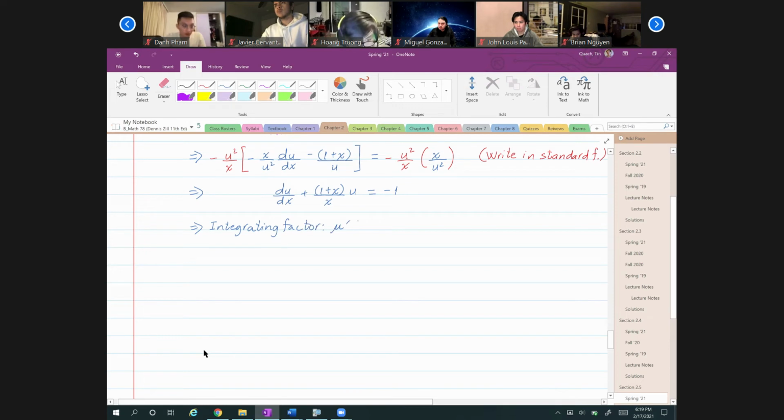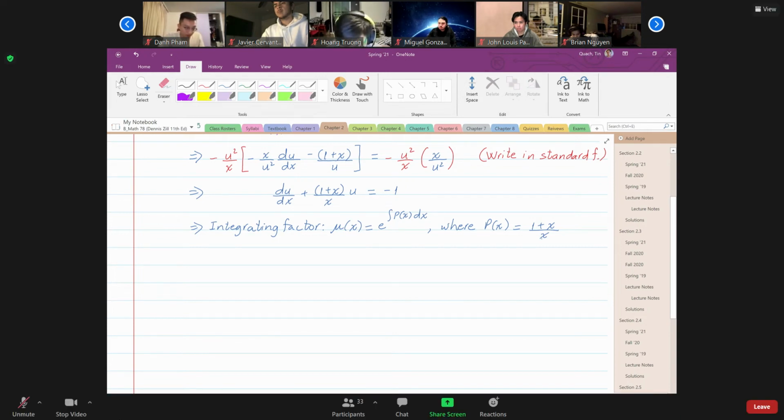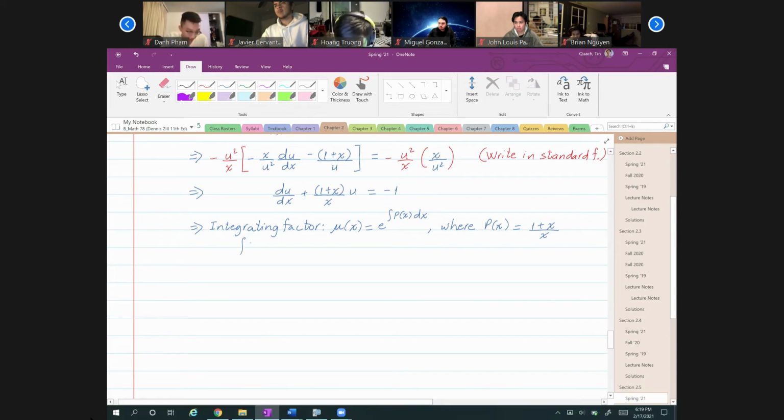Mu of x is equal to e raised to the integral of p of x dx, where p of x is (1 plus x) all over x. That's what p is. So let's find out what that is. The integral of p of x dx is the integral of (1 plus x) over x dx.